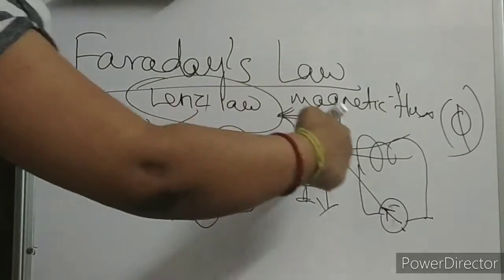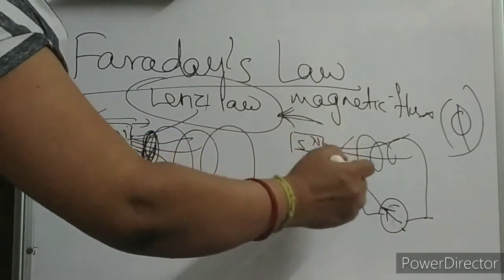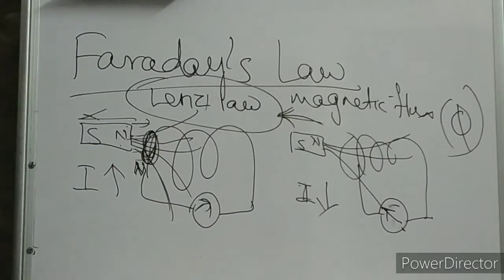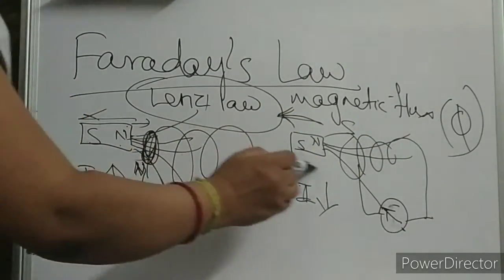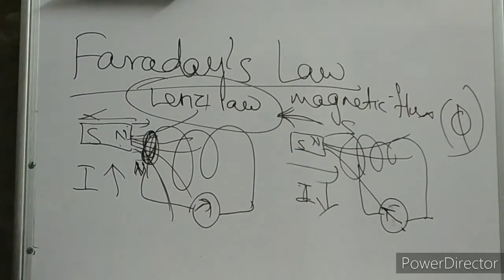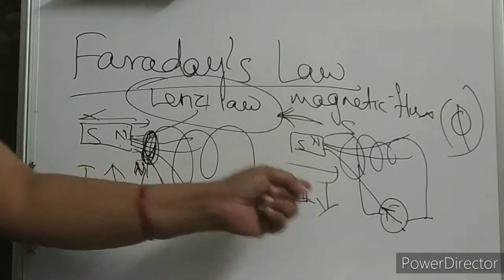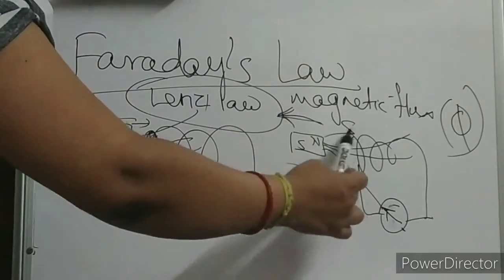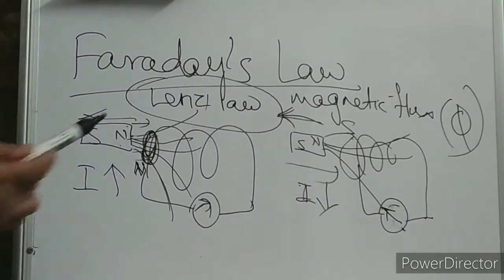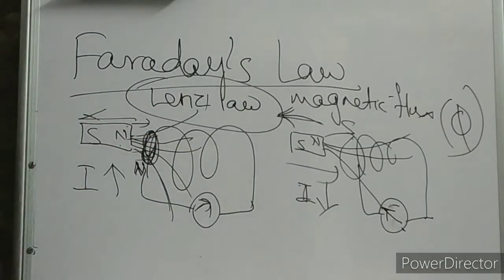So what will the induced current do? Here, on the face of the coil, it will create a south pole. So to oppose the motion, since the north pole is going away, if the face of the coil has a south pole, then obviously this action will be opposed.